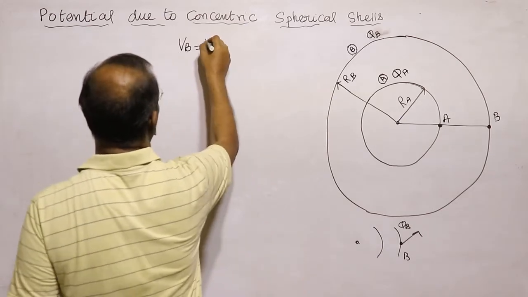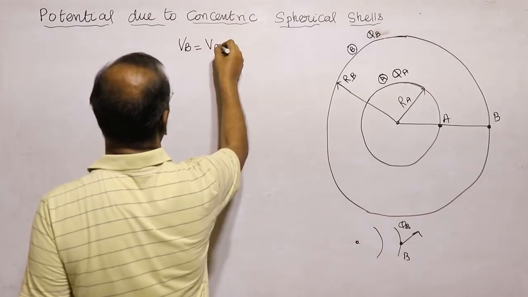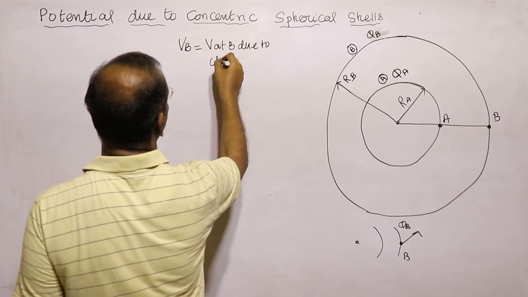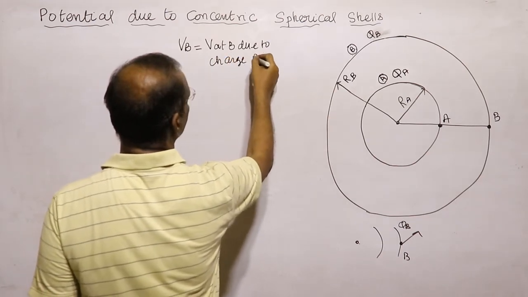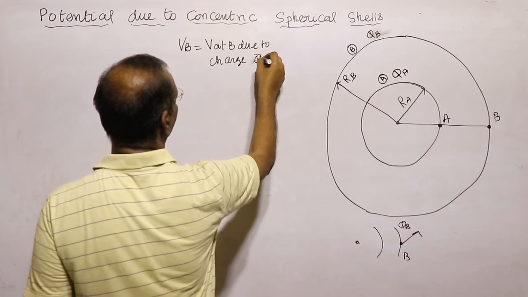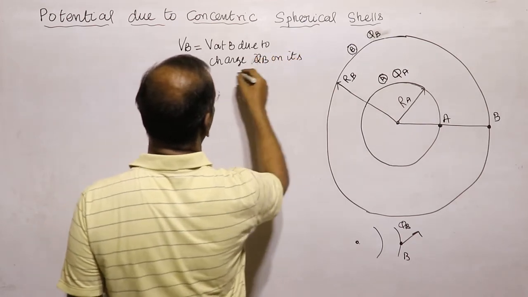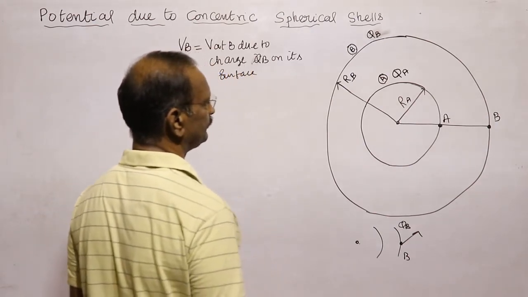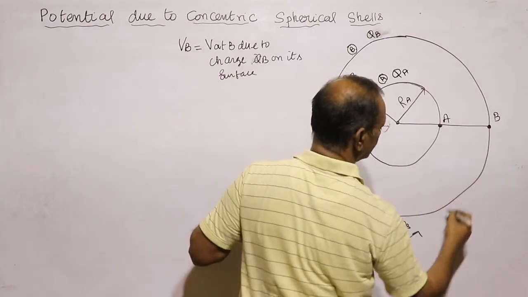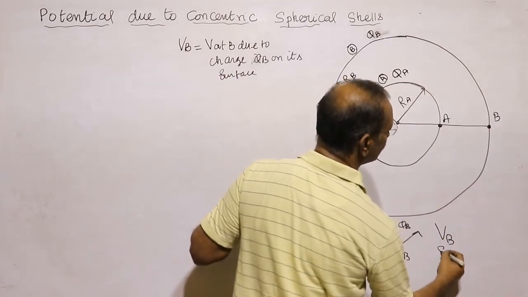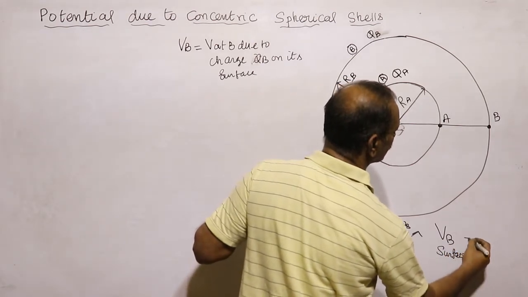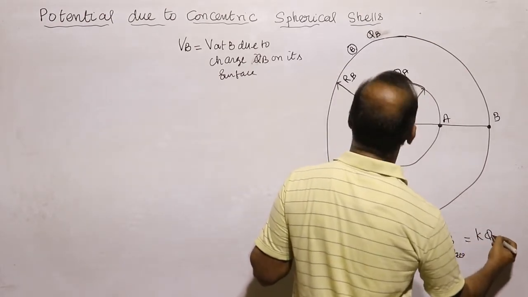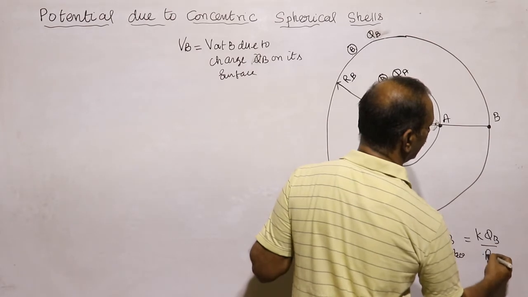So the potential at B due to the charge QB on its surface is equal to K into its charge QB divided by the distance RB.